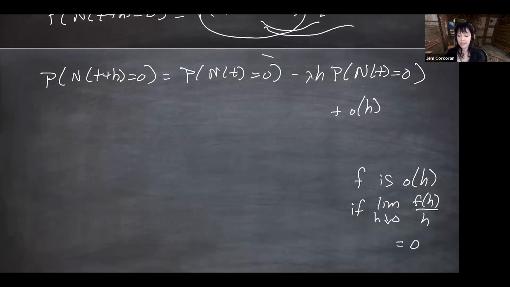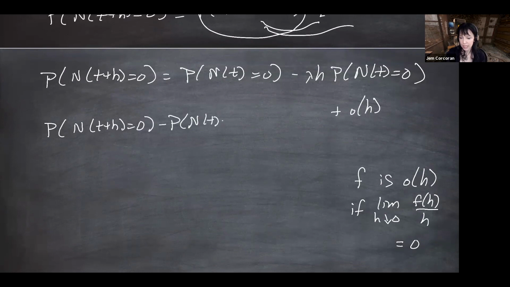I'm going really fast, but now I have to. So I'm going to move things around and write this as the probability N of t plus h equals 0 minus the probability N of t equals 0, divided by h.